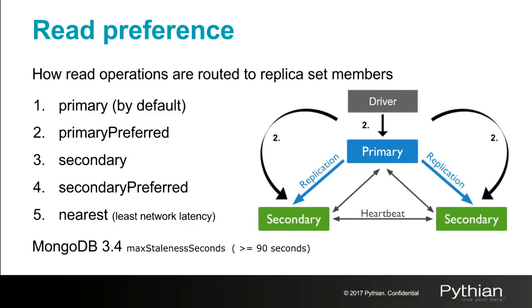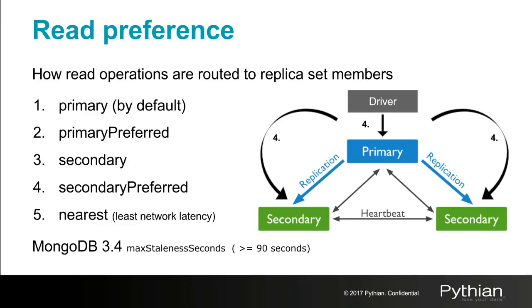The other setting is if we set secondary as a read preference, and by setting secondary as a read preference, the driver will always send the reads to the secondary nodes. Similar to the primary preferred, we have the option to set secondary preferred, and by that, the driver will always try to send the read operations to the secondary, but in case the secondary is not accessible, it will route the read operations to the primary.